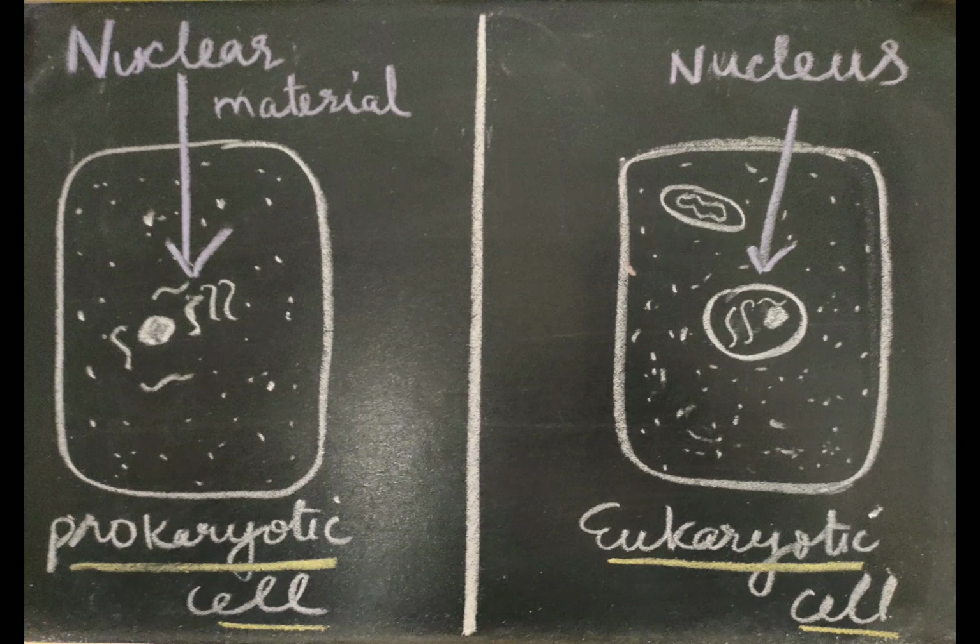So this was a simple diagrammatic differentiation between these two types of cells on the basis of different nucleus, prokaryotic cell and eukaryotic cell. We will now tabulate these differences for both these types of cells.